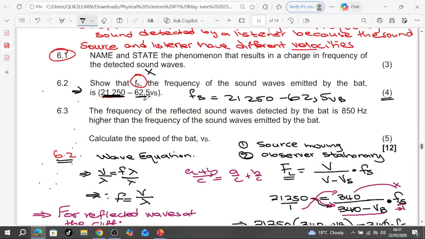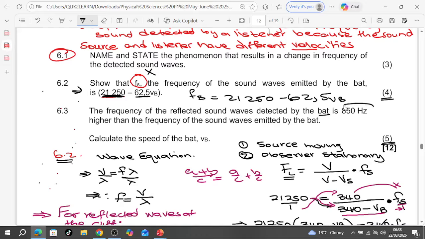So now let's work on the next question. 5 marks. So this tells me that we're going to work on more calculations. Calculate the frequency of the reflected sound waves detected by the bat.